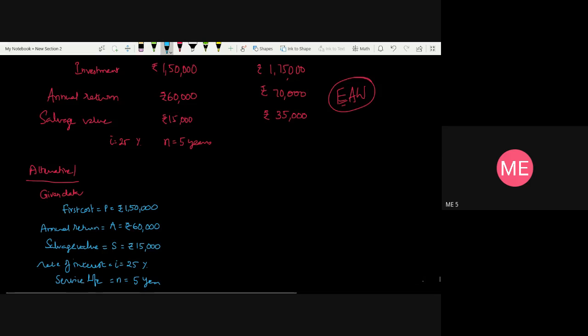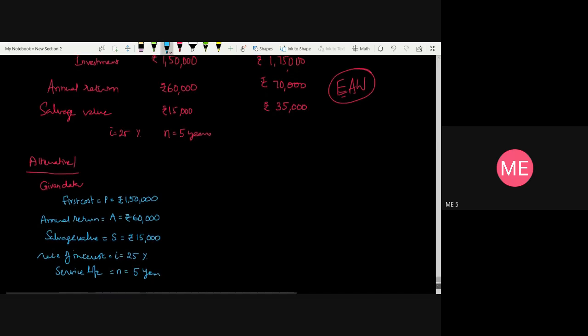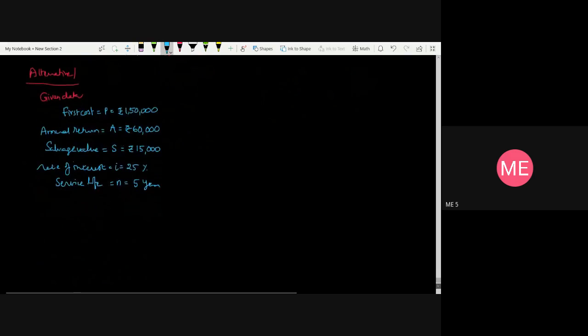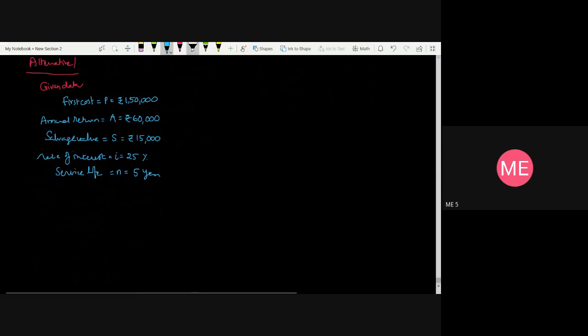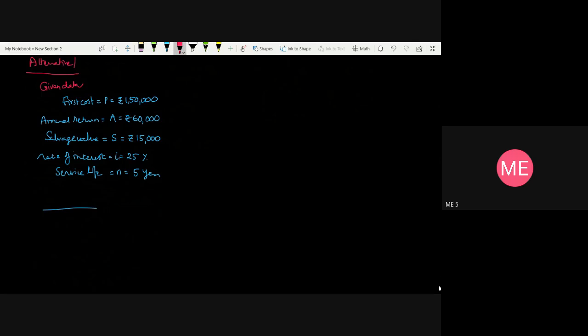Now, based on this data, we can draw the cash flow diagram. So the initial cost is rupees 1,50,000.